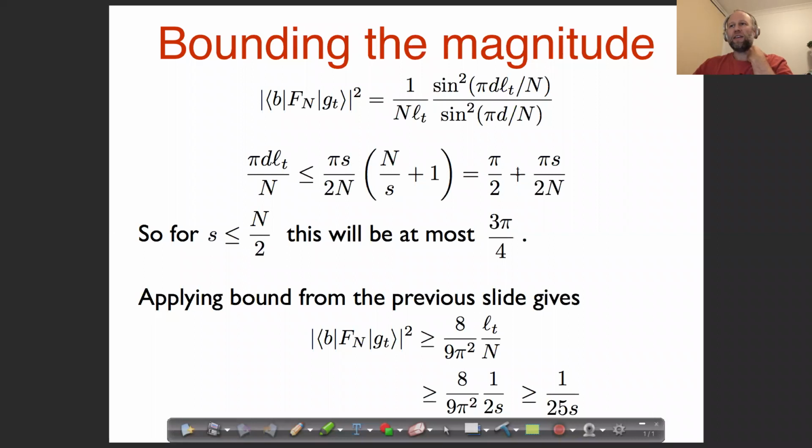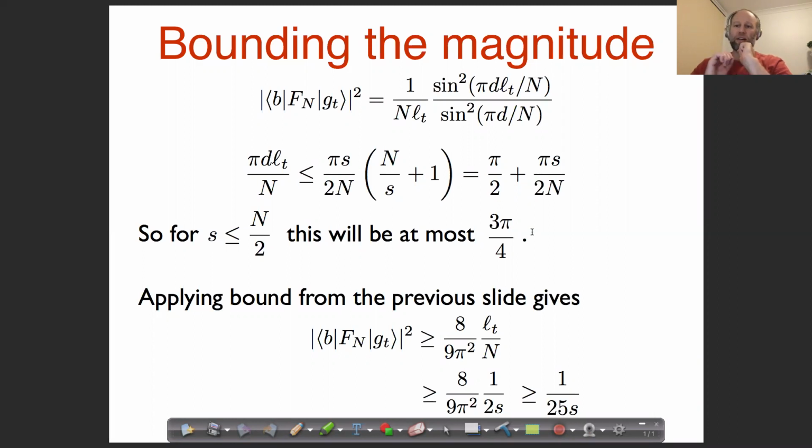Just plugging that in, we get that this is pi over 2 plus pi times s over 2n. And s is at most n over 2. So this will be at most 3 pi over 4. Right, so we bounded this away from pi, because the numerator becomes 0 when this argument is pi. Good.